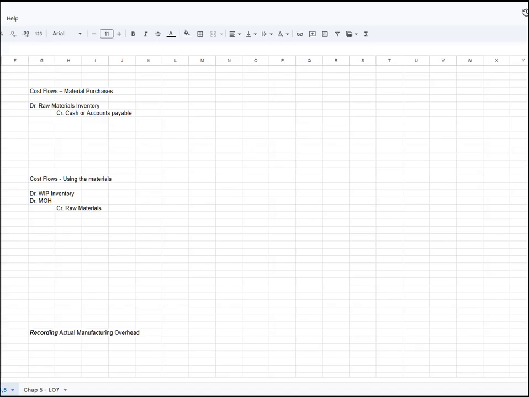So operationalized in a journal entry, the way that we record labor costs would look like this. We would debit our work in process inventory for that direct labor. We also have some labor costs for our supervisors, and our supervisors would go to manufacturing overhead.